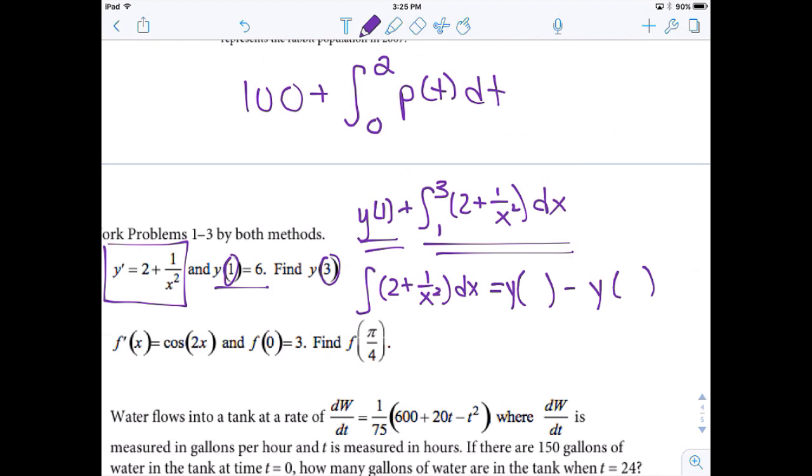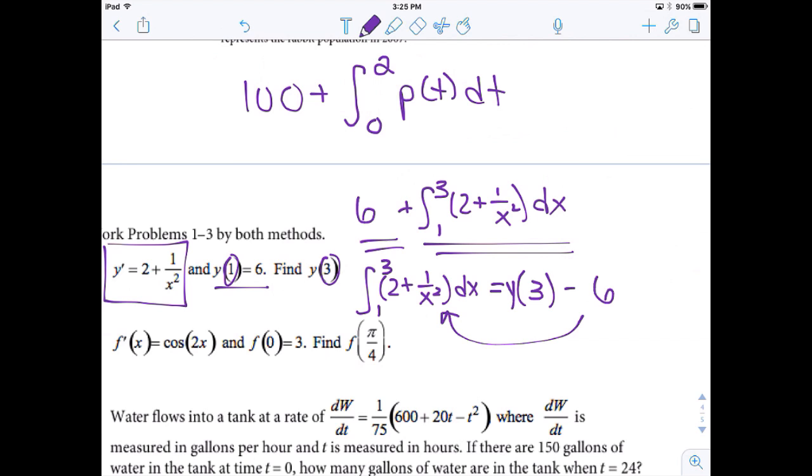So if I set up the integral from 1 to 3, then that should be y of 3 minus y of 1. And then you could say, ooh, I already know this y of 1 value. This is 6. And notice what happens. You wind up adding 6 to the other side, and you get exactly what you started with up here, 6 plus the integral from 1 to 3 of that.